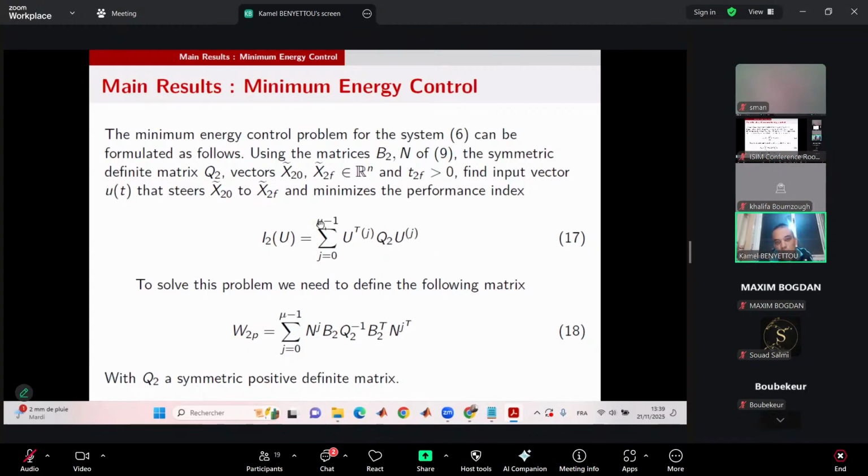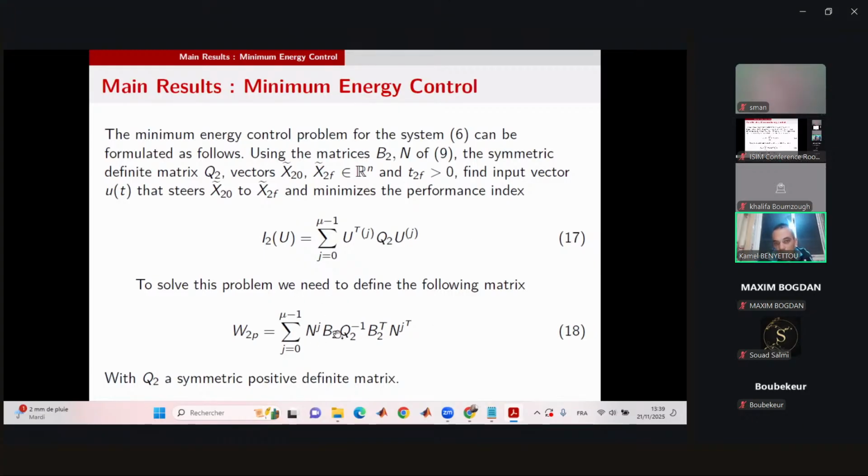This is the performance index associated to the second subsystem 6. To solve the minimum energy control problem, we must introduce a new Gramian matrix associated to the second subsystem 6, which is represented by expression 18.